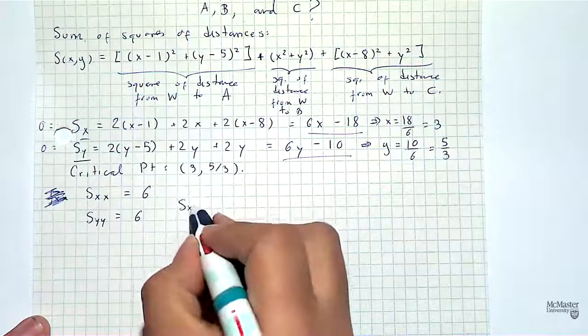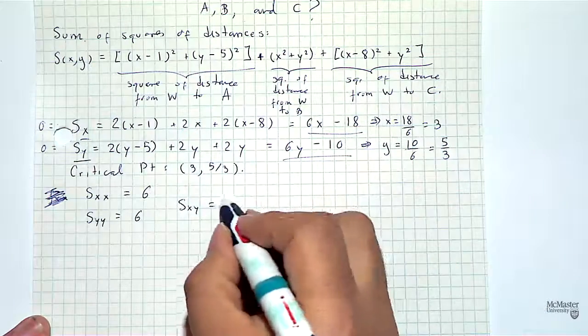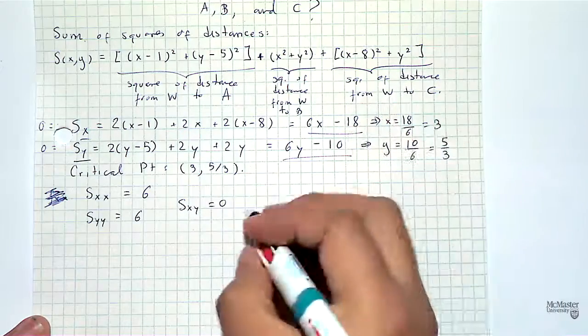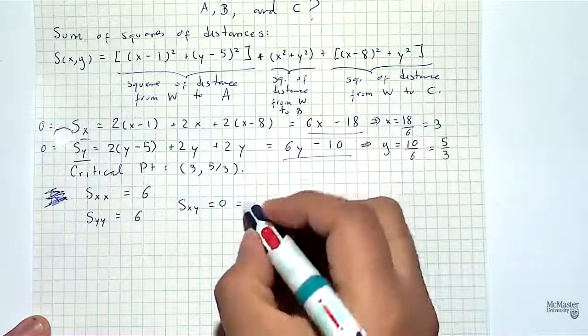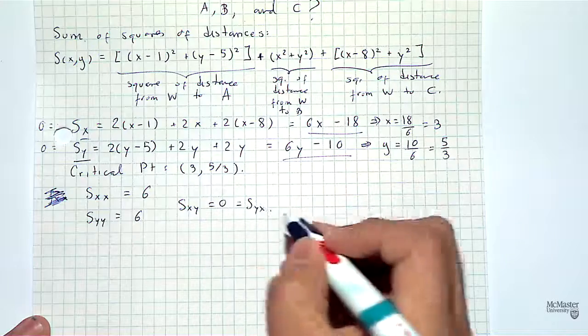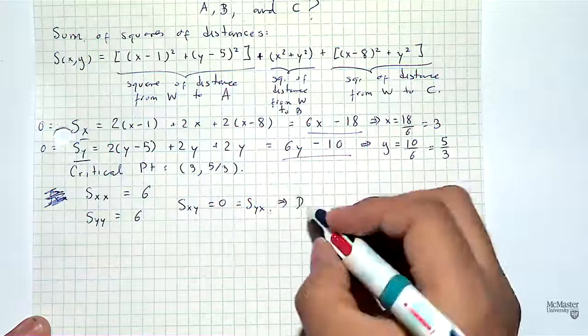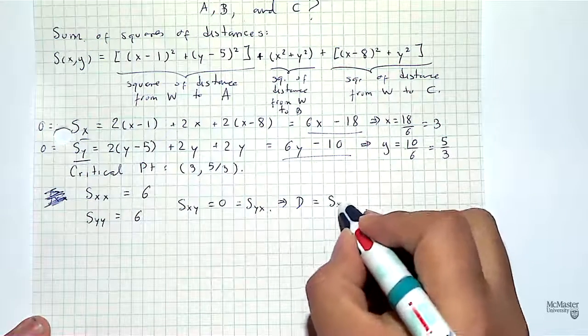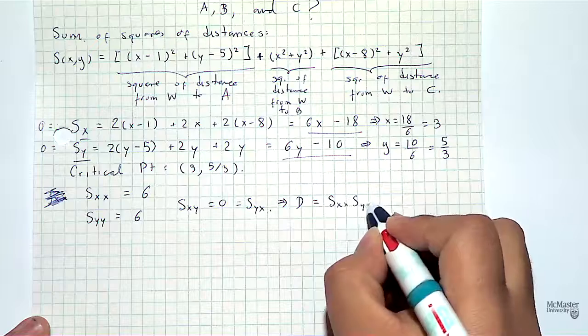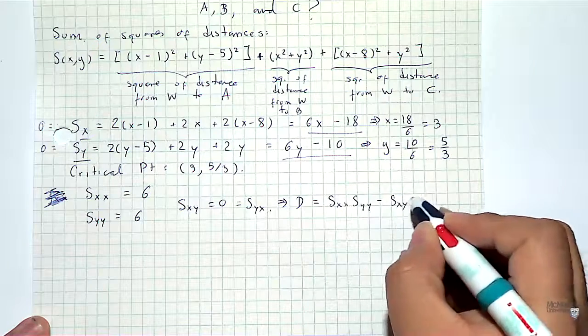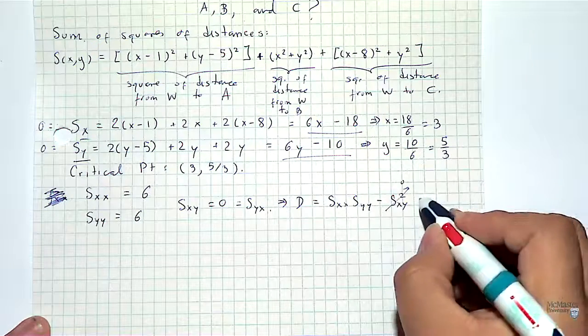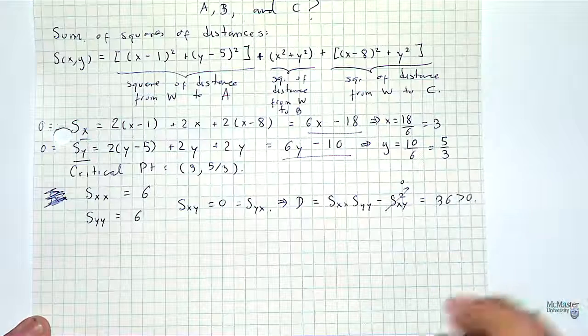I think it's clear that Sxy is equal to 0 because there is no y dependence on this object. Likewise, there is no x dependence on this object. So you can confirm. And if you do the computation, actually this is constant, so this would be Sxx Syy minus Sxy squared. So this vanishes. Then you have 36, which is greater than 0.